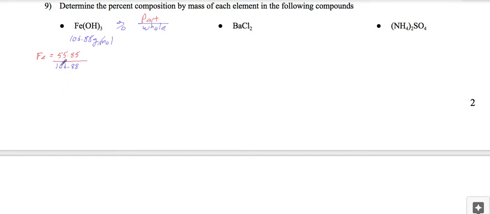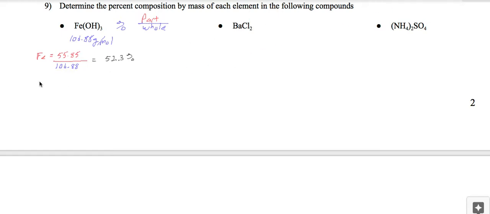I'm going to leave labels out here because they're not important to keep track of when we do these kind of problems. And so it's easier to see the math. So we divide those two things. We end up with 0.523. We have to convert that into percentage. Move the decimal 2 places to the right. We end up with 52.3.